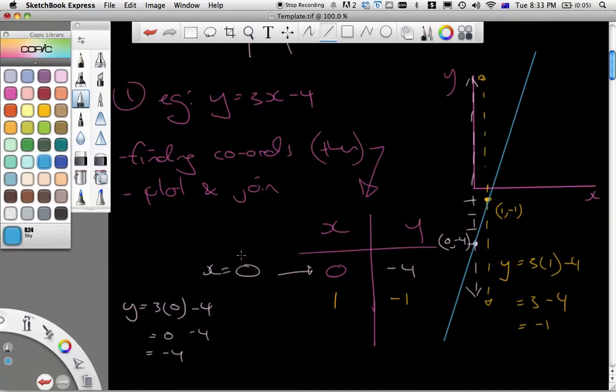So there's a line, 2 points. We know it's a linear equation. Highest power of x is just 1, x to the power of 1. So we know it's linear because there's no x squared or x cubed or anything like that.